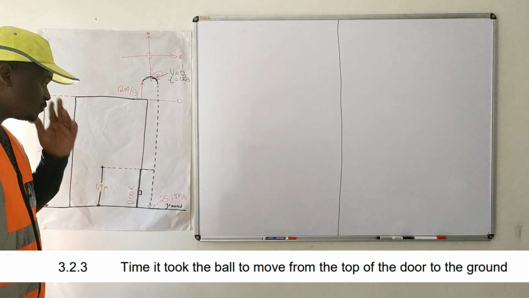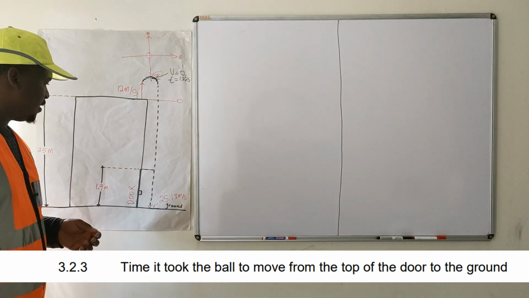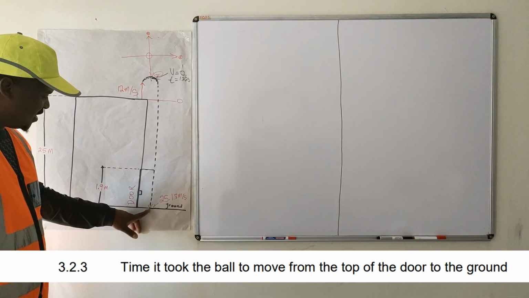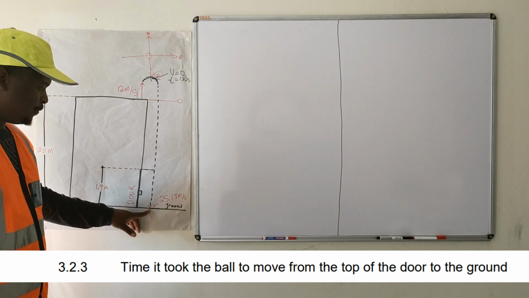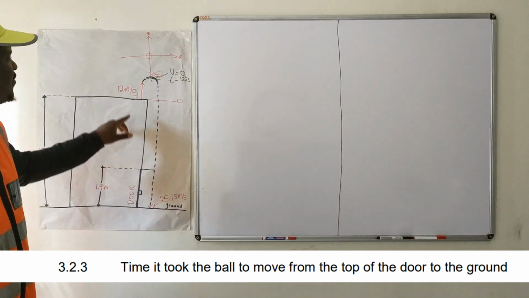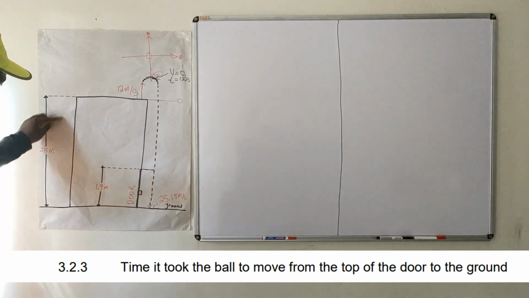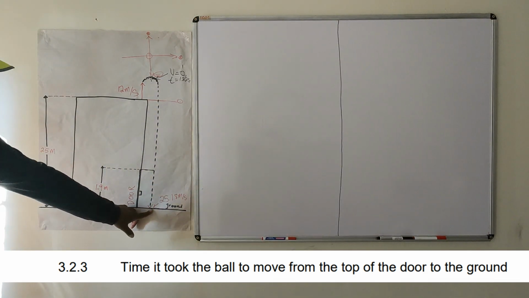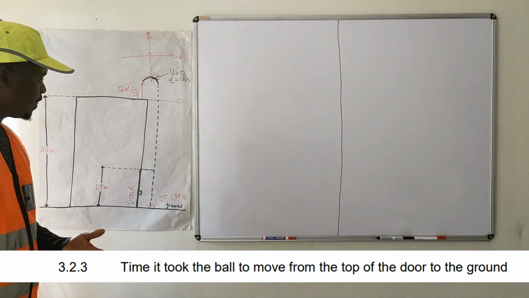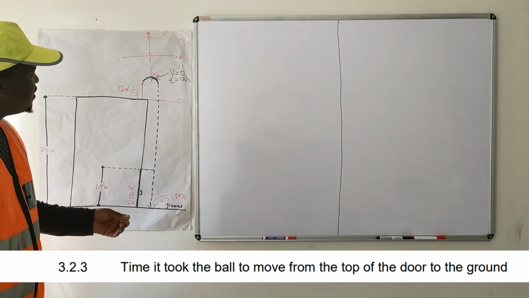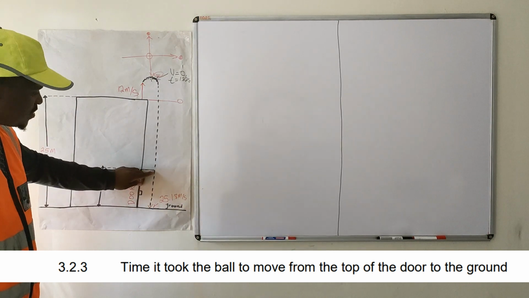So what I suggest we do is something similar to what we did here. Because what we did here, we were given the initial velocity, we had the displacement, and we found the final velocity. So let's find the final velocity at this point.